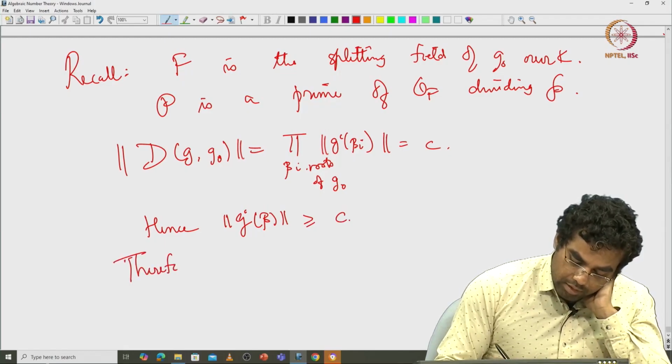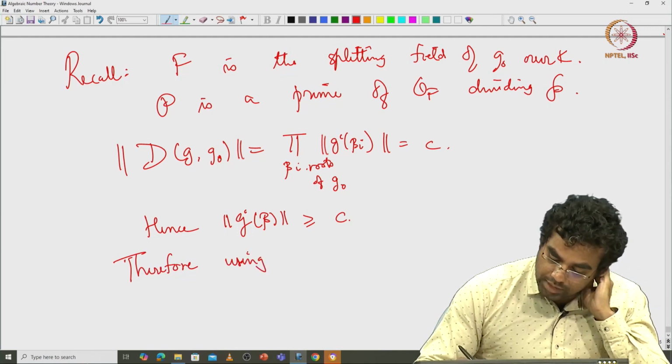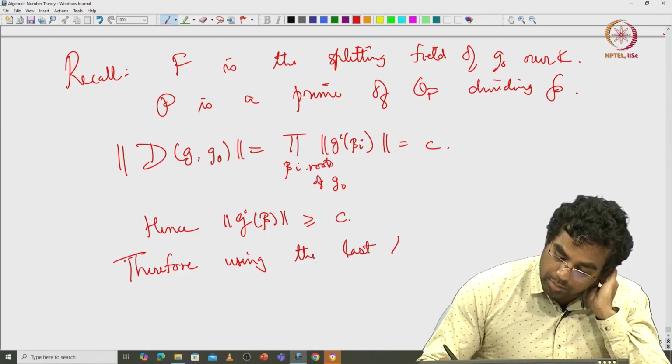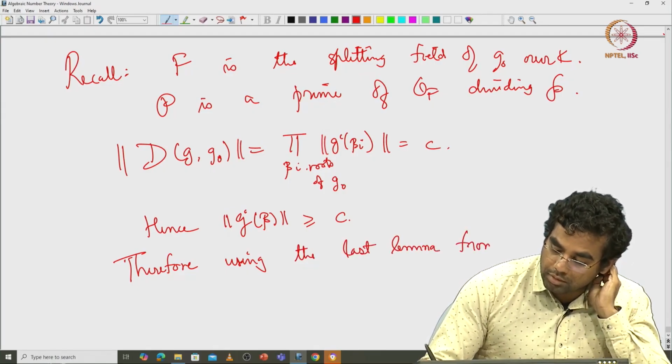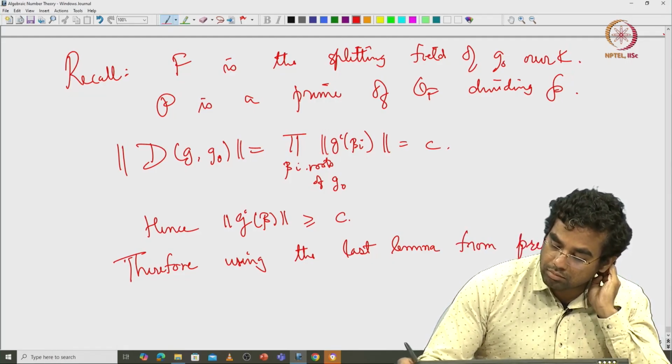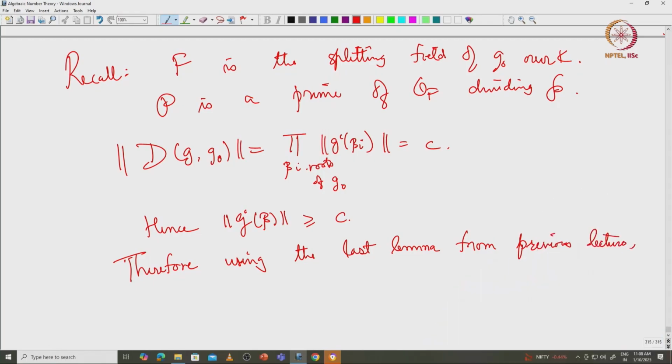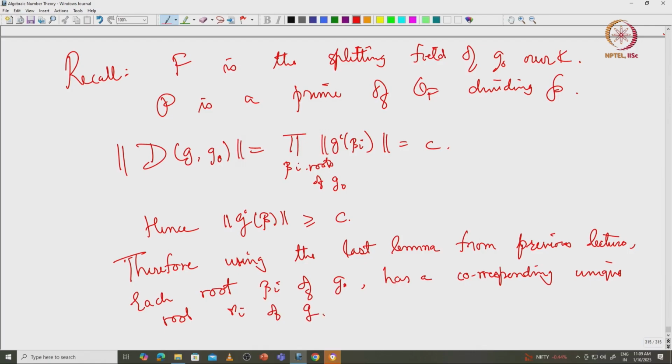Therefore, using the last lemma from the previous lecture, we get that each root beta i of G0 has a corresponding unique root gamma i of G. Okay.